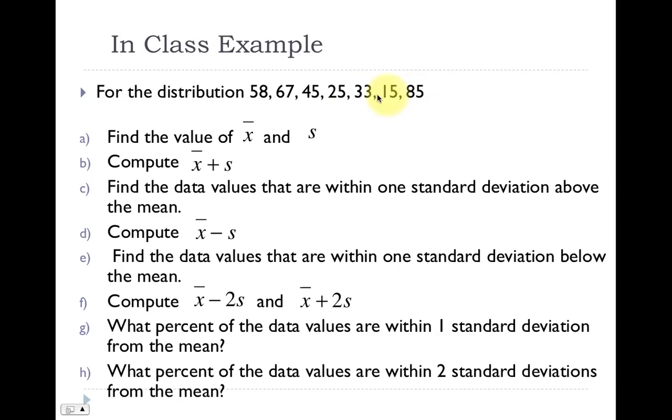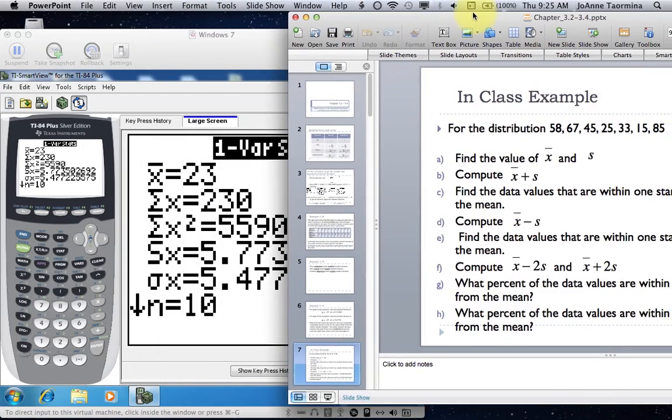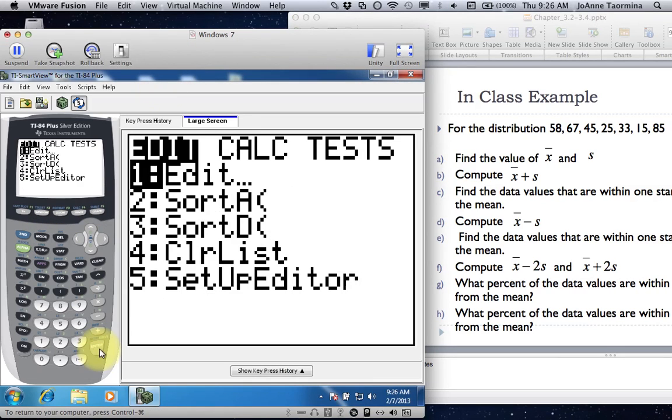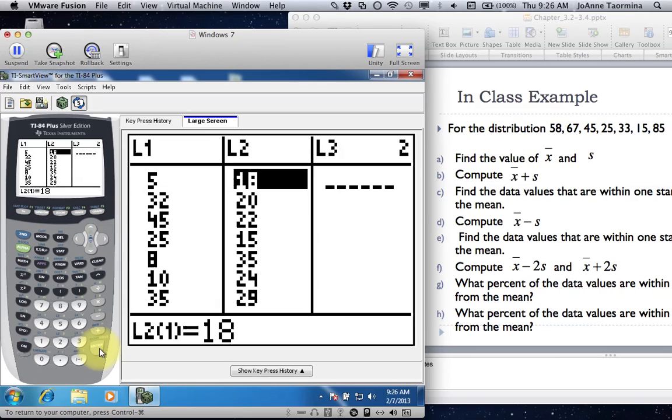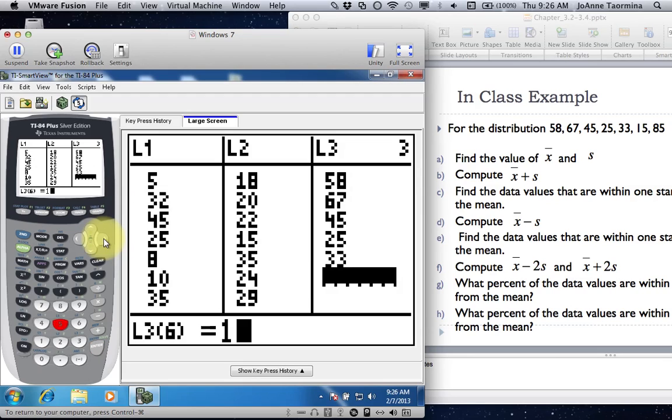Okay, so let's put this data set into a list. Going to our calculator, I'm going to use L3: 58, 67, 45, 25, 33, 15, 85.